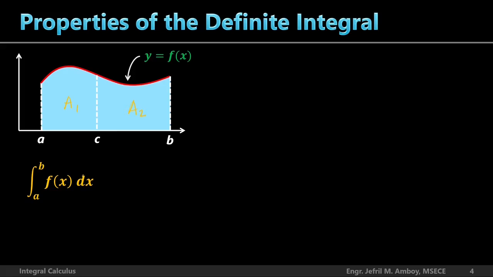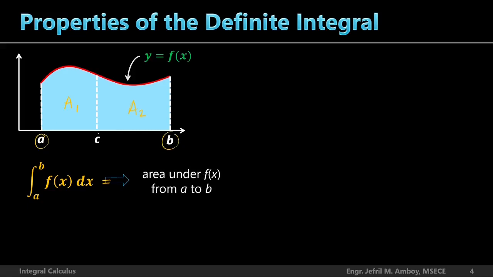So that means if I add these two areas, that would still be equal to the original area na ang integral expression ay ito. That is why I can write this expression as a sum of two integrals. Yung definite integral from a to c at yung definite integral from c to b. Okay? So, tandaan natin ha. Bakit? Kasi nga itong integral na ito of f of x from a to b is the area under f of x from a to b.